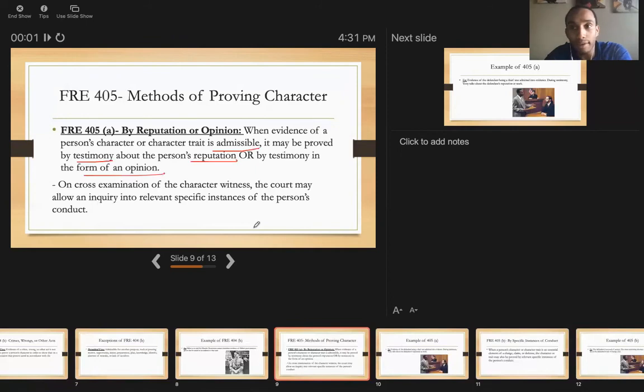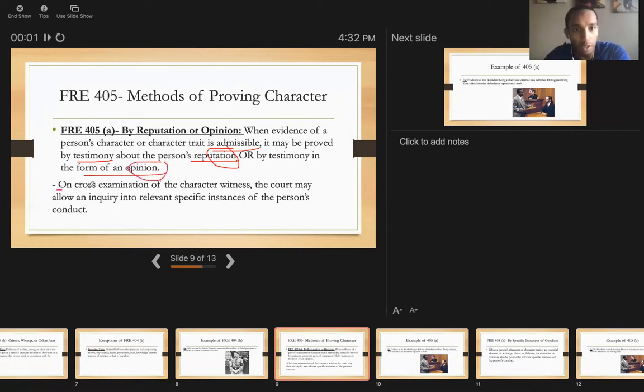Which means that if Hitler's character trait of being a violent person is admitted in the court, the opposing party may bring in testimony, a witness, to ask that witness about Hitler's reputation, or the opposing party may ask that witness that person's opinion of Hitler.